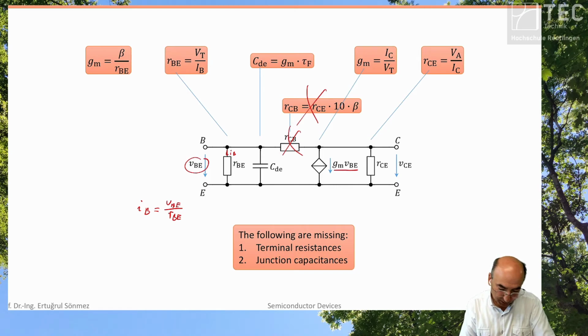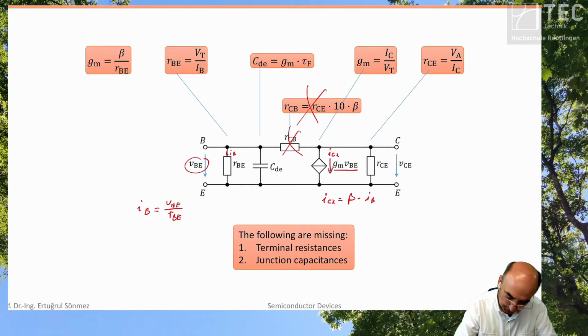Okay, and your current here, I collector of X, let's say, and your I collector X is beta times IB, sorry.